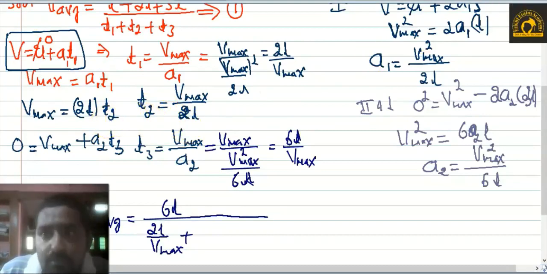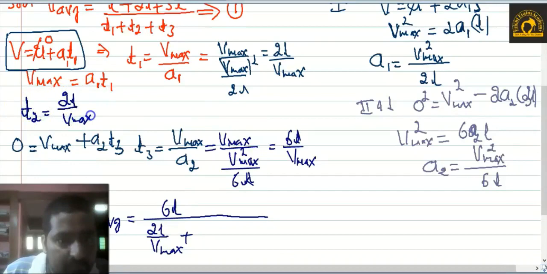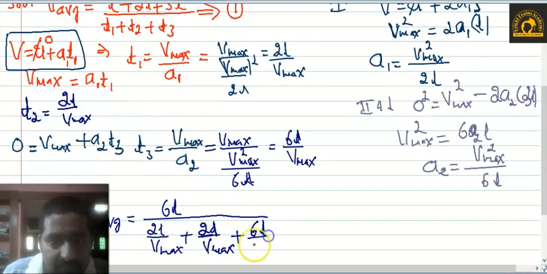Sorry, by a small mistake I did. T2 is equal to distance divided by V maximum, so distance by V maximum means 2L divided by V maximum, plus 6L divided by V maximum.